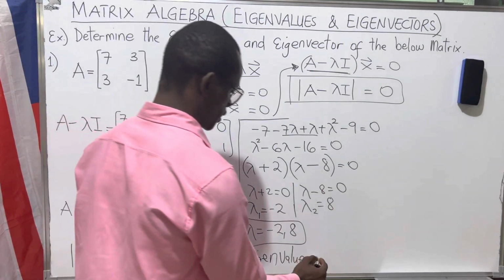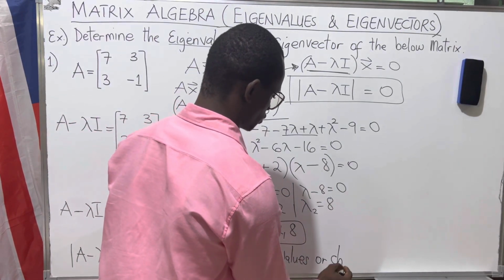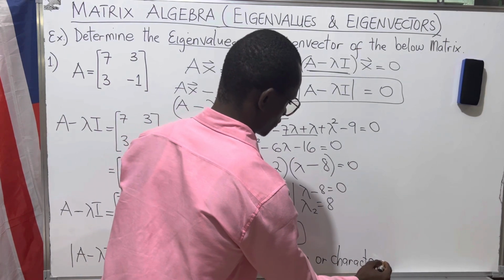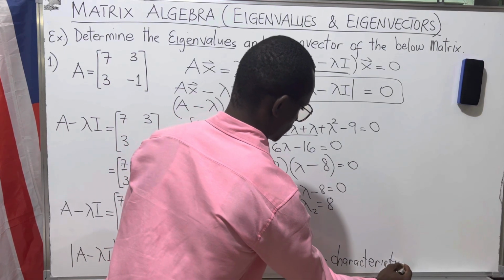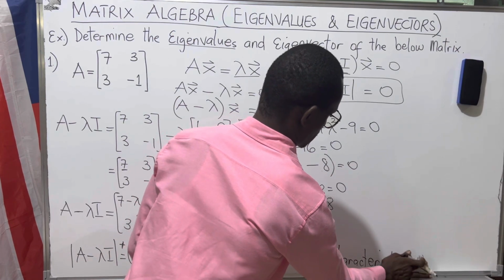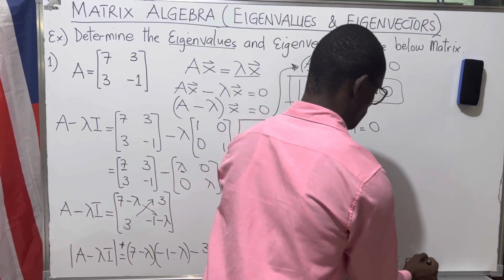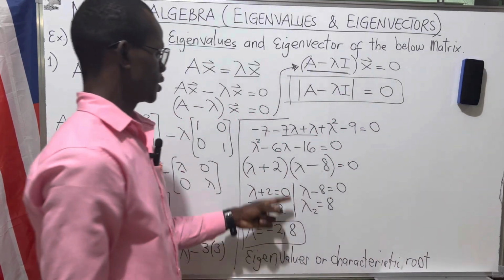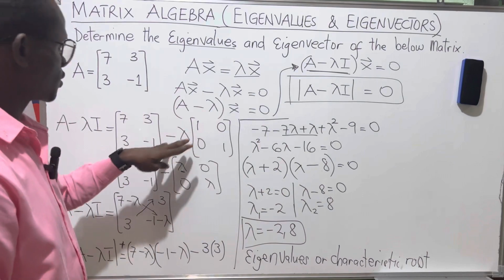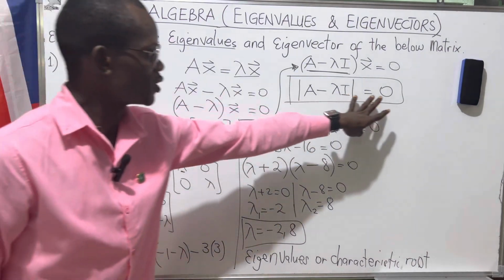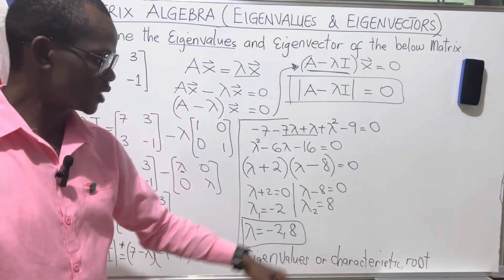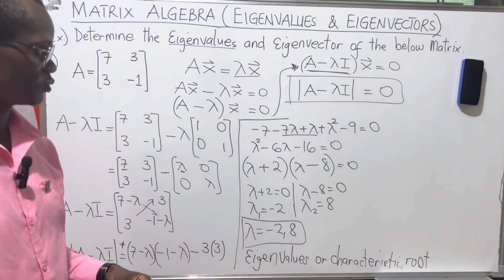We call them characteristic roots because the determinant of this expression gave the characteristic equation, leading to the characteristic roots.